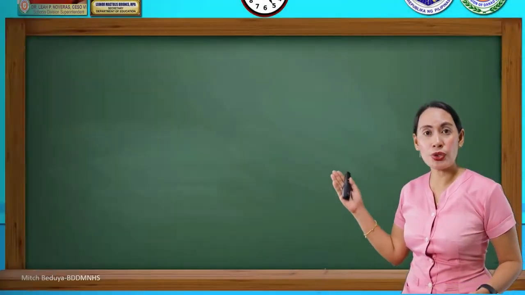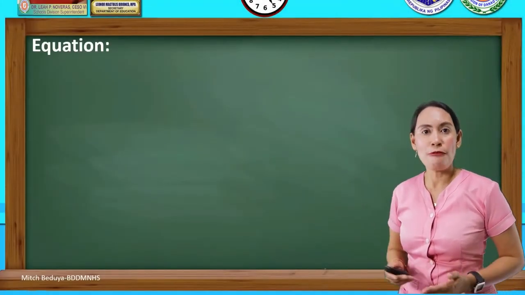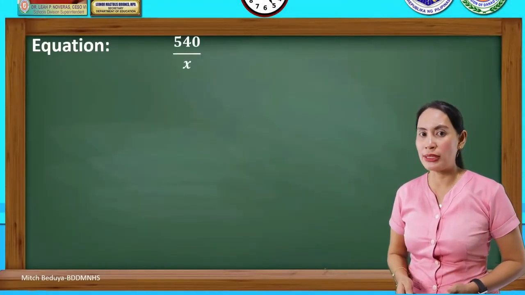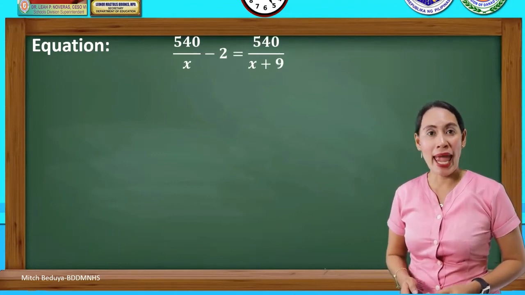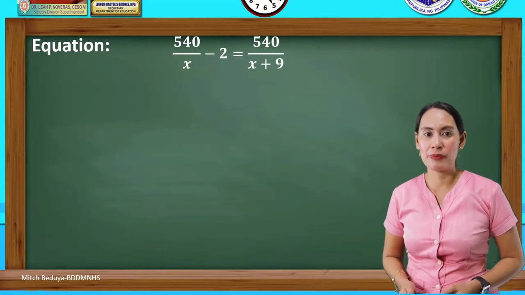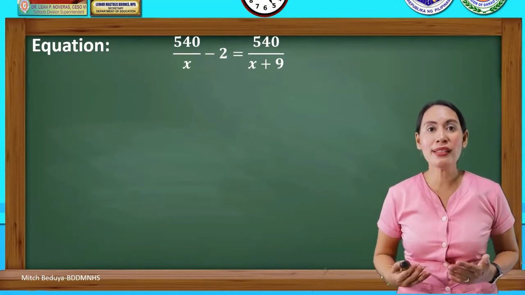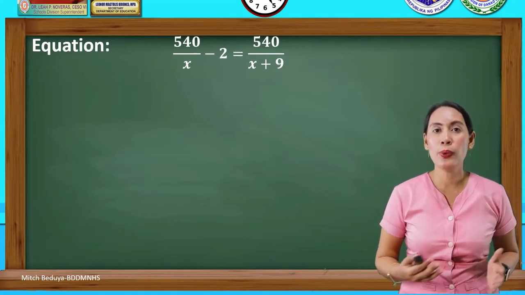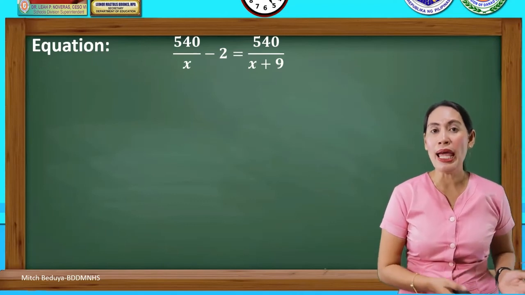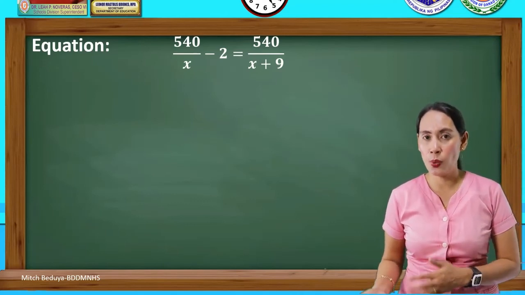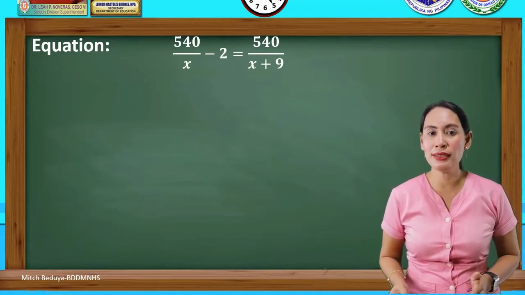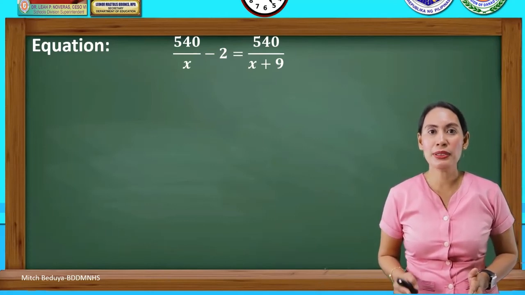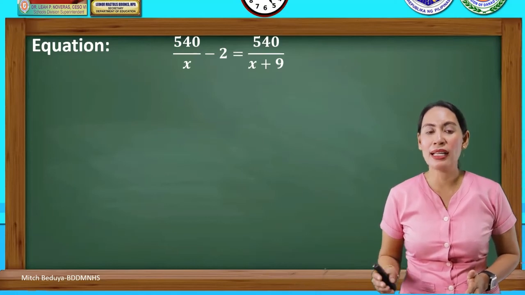So the equation to solve the problem is 540 over x minus 2 equals 540 over x plus 9. We equate the time of the motorist when he uses the ordinary road and the expressway. So let's solve the equation. The LCM is x times the quantity x plus 9.